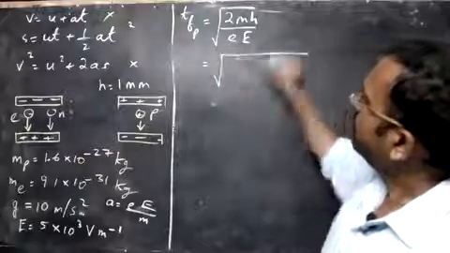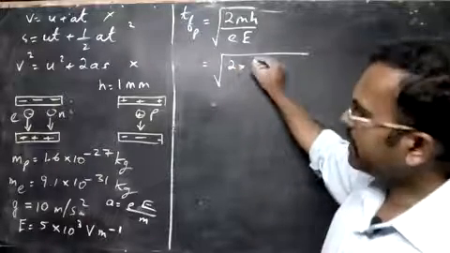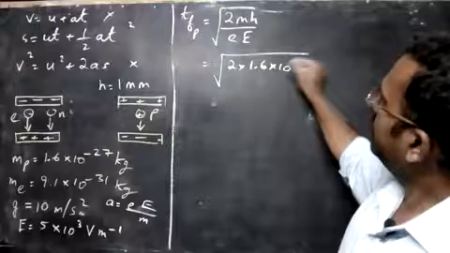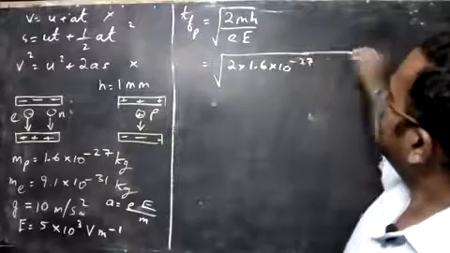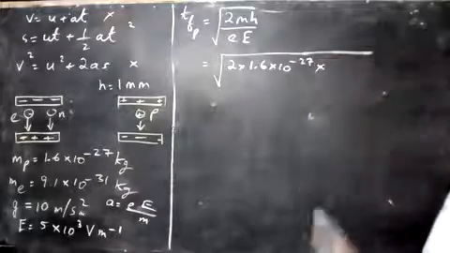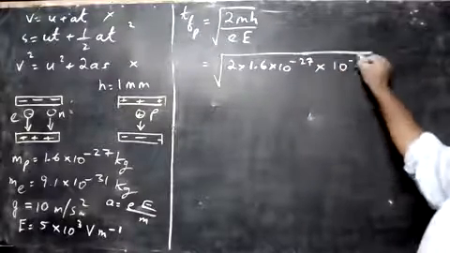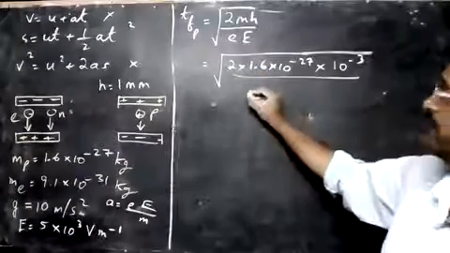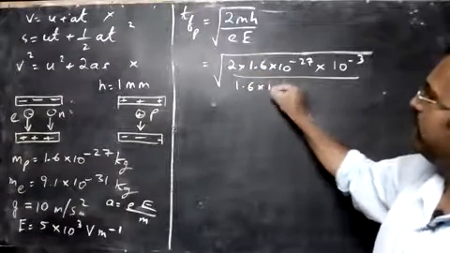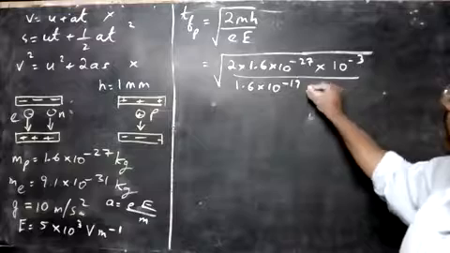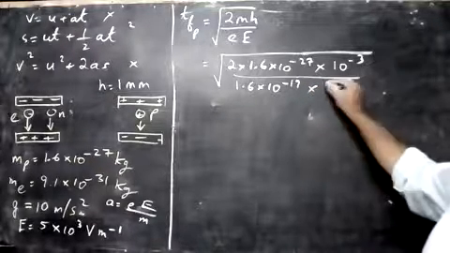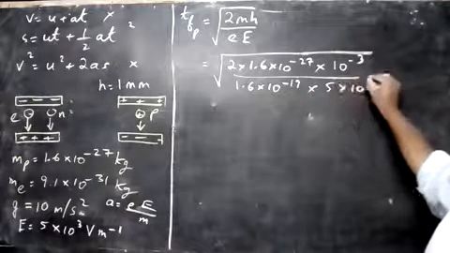So root of 2 into mass of proton, that is 1.6 into 10 power minus 27 into the distance h, that is 10 power minus 3, divided by small e, the value of the electron charge, that is 1.6 into 10 power minus 19, into E, that is 5 into 10 power plus 3.